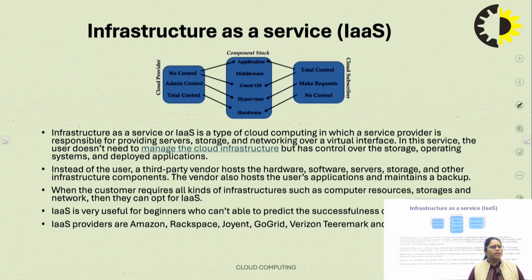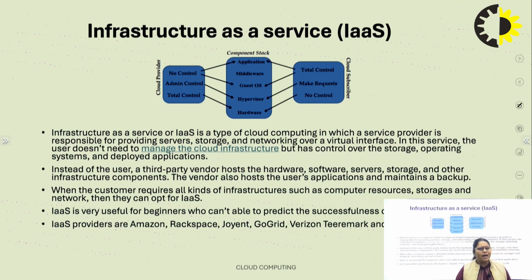Now, we come to the next category of the service model, called infrastructure as a service. The whole control of this infrastructure service is with the cloud provider. Infrastructure as a service is a type of cloud computing model in which the service provider is responsible for providing the whole infrastructure to the consumer, like the server, storage, and networking over a virtual interface.